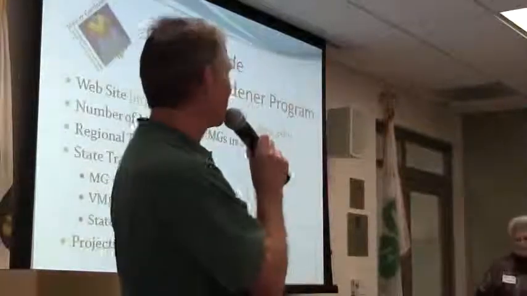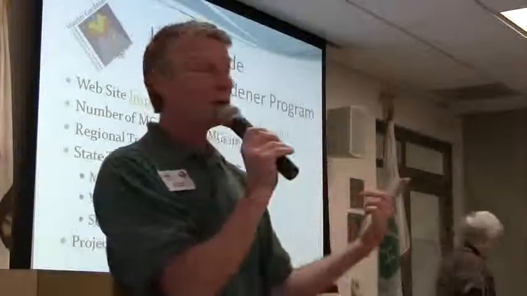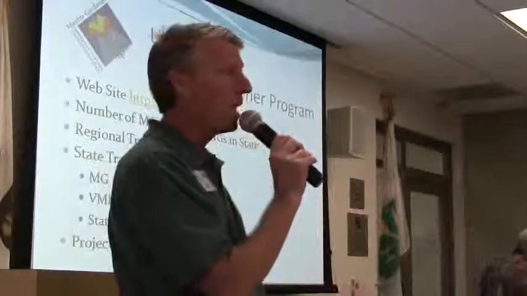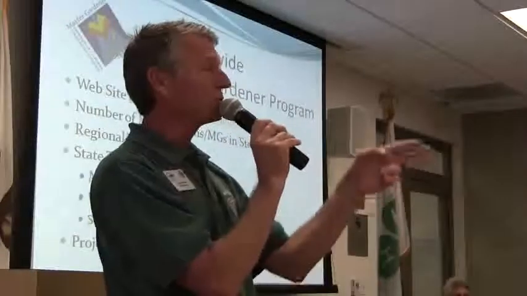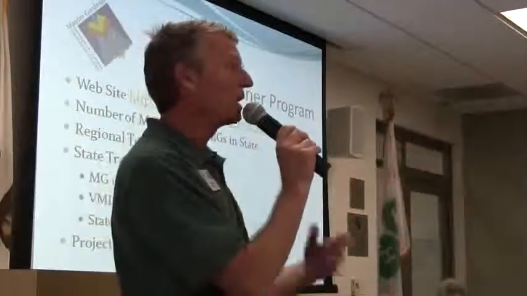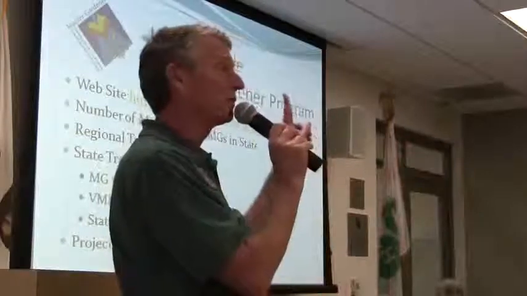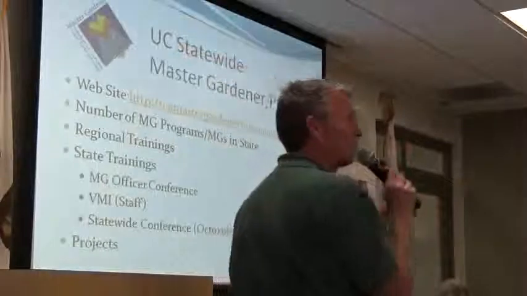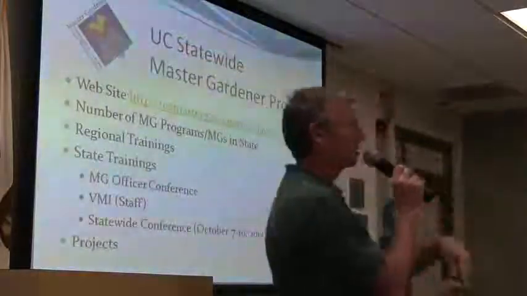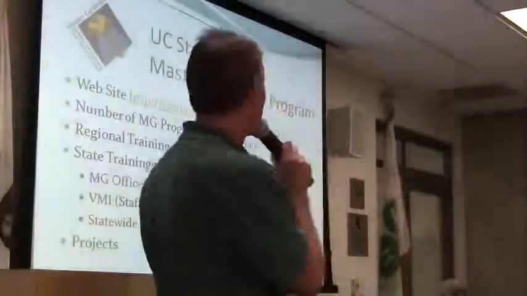In fact, I think Mo is actually participating in one of the projects that is somewhat supported by the state Master Gardener program, and that's the UC Davis Arboretum All-Stars program. And that's where we're testing out different plants. We actually have 2 different test locations here in San Diego that Master Gardeners are coordinating. One's at the San Diego Botanic Garden, and the other one's at the Cuyamaca Water Conservation Garden.